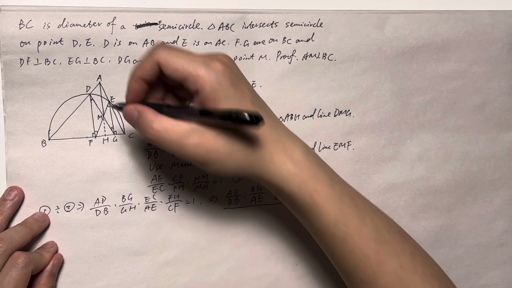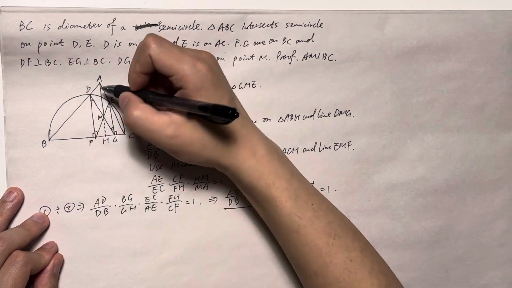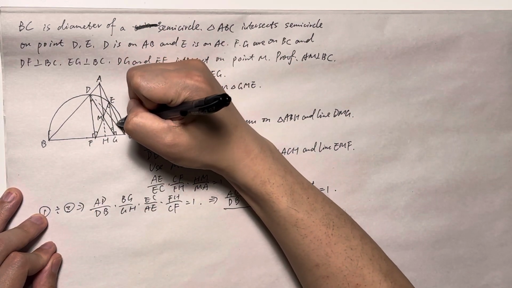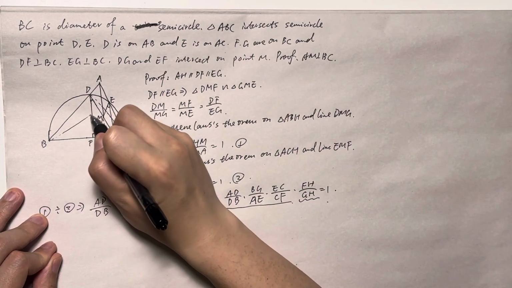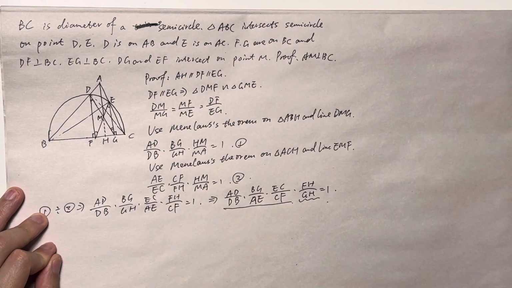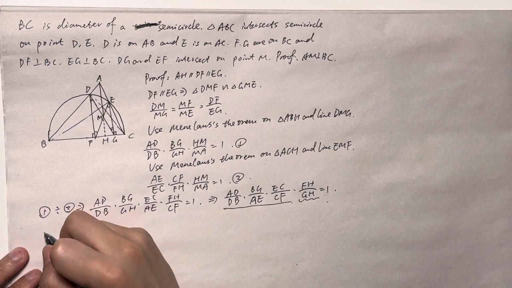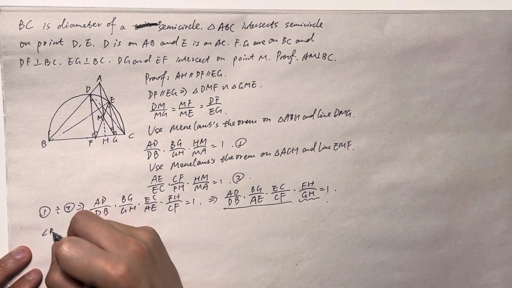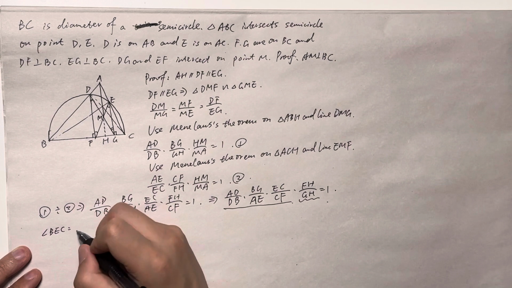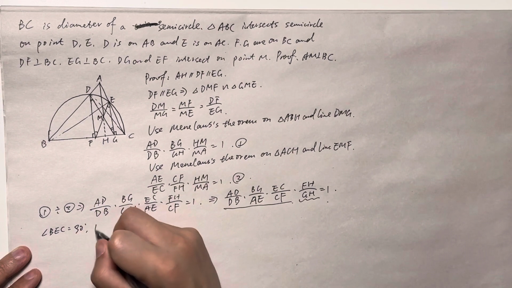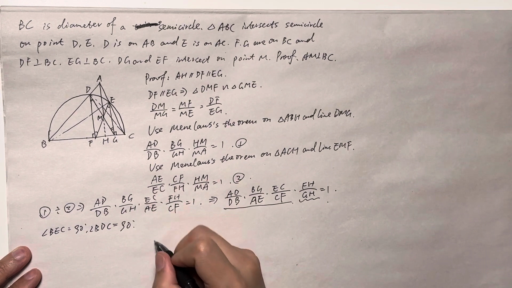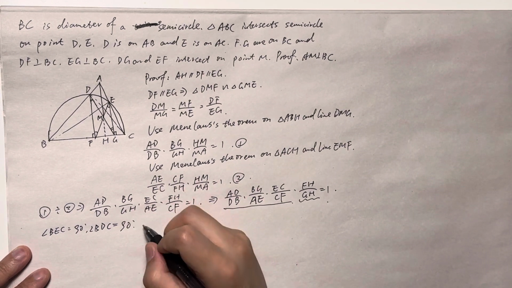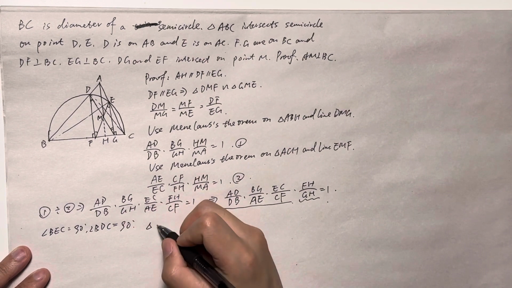That means angle BDC is 90 degrees, and angle BEC is 90 degrees.